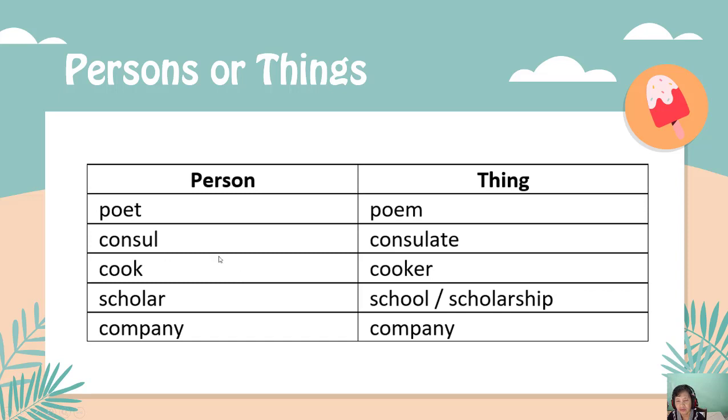I just give you a few examples here, like poet, poem, this is the person; console, consolate; cook, cooker, this is a device; scholar, school or scholarship; company and company. For these ones, they are the same, so be careful with that. Actually, it is not too confusing because you will not make a mistake, but the meaning will be different. You just be careful with the meaning.